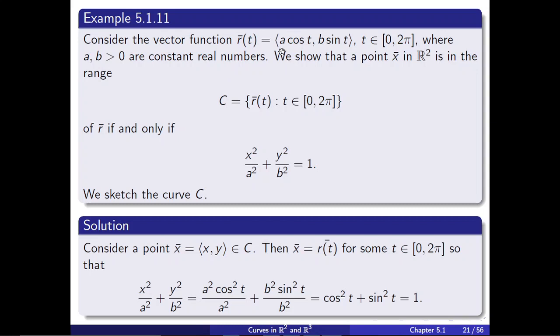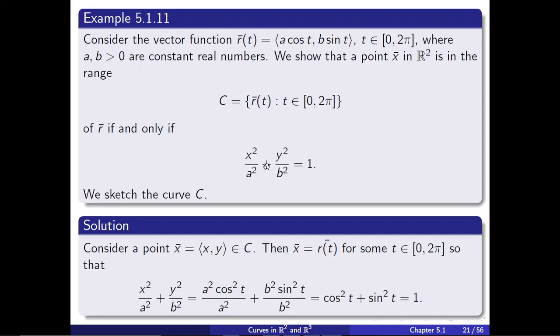In the previous objects that we were looking at, the constants were the same, we would have c cos t, c sin t. But in this case, there is an allowance for a and b to be different, right?